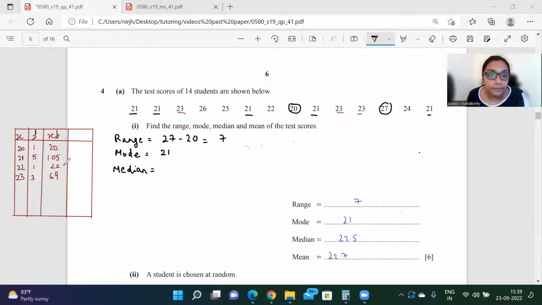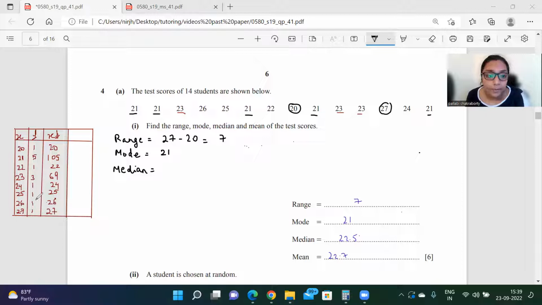Next point is 24, appearing only once. So it's 24, 25 again once, and 26 and 27 also appear only 1 time each. So the XF value also comes out to be 26 and 27.